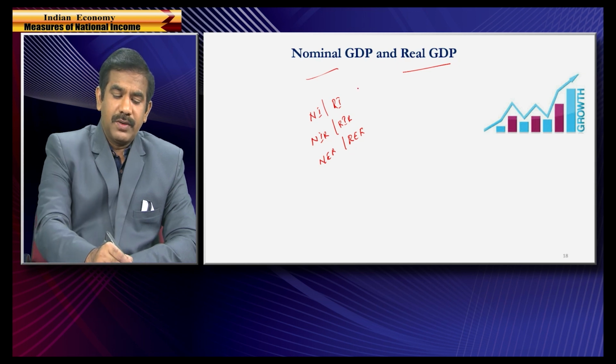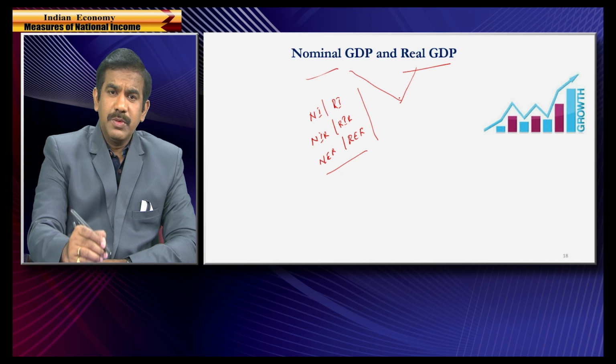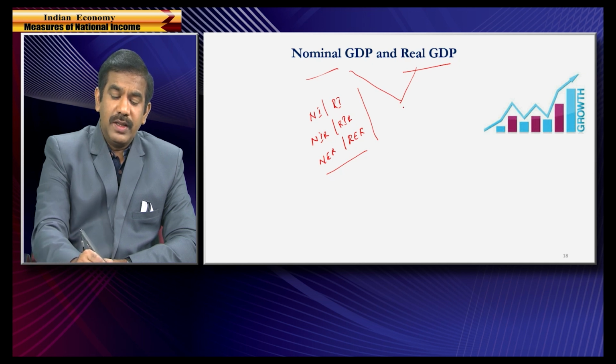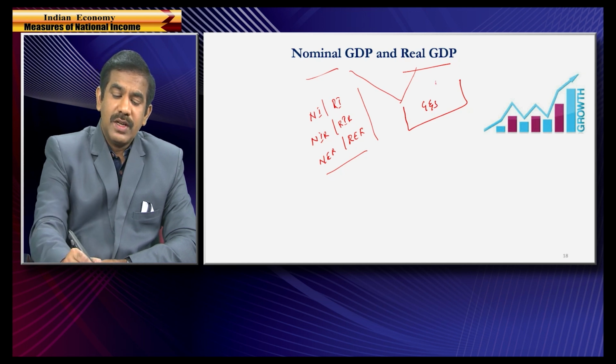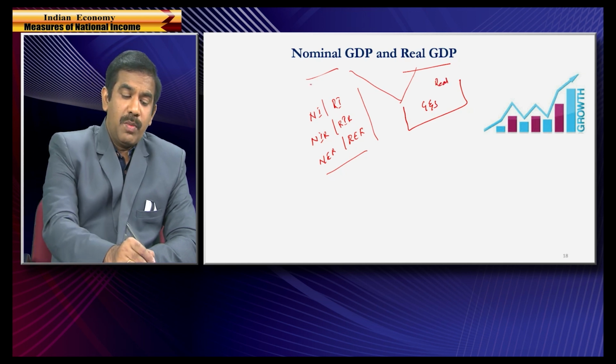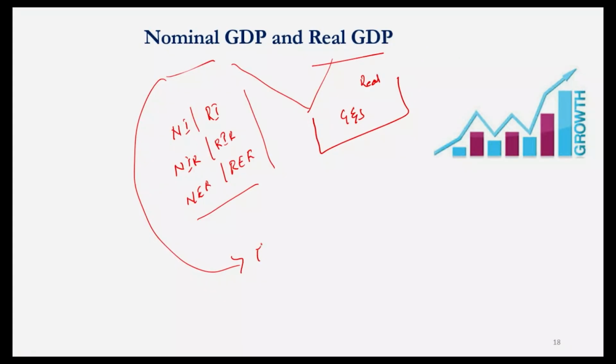Let me make it the very simple difference between the terms nominal and real. When it comes to real, the real output is anything that is expressed as a basket of goods and services. I mean anything expressed in terms of goods and services is what we call a real output or real variable. Nominal is something that is expressed in terms of monetary value.